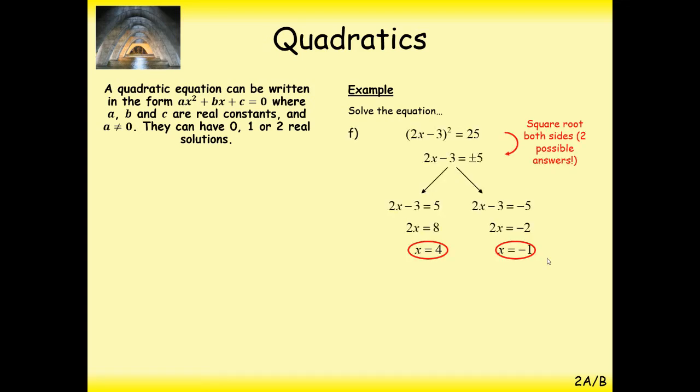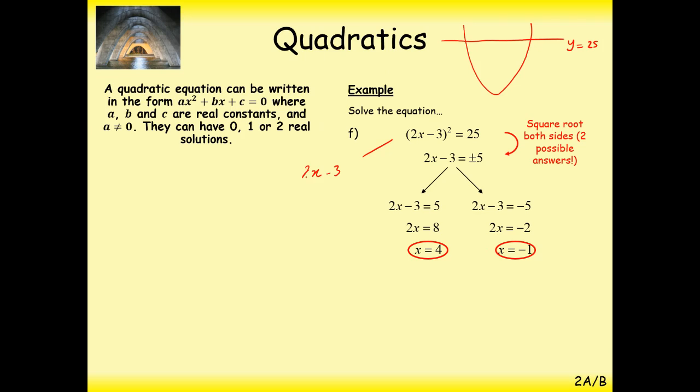Alright, so what's going on here is that we are actually finding the intersection of this line, y equals 25, and a quadratic equation which has roots of the quadratic equation here, 2x minus 3.